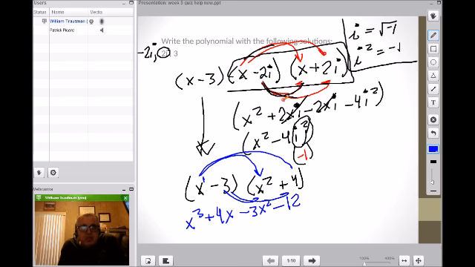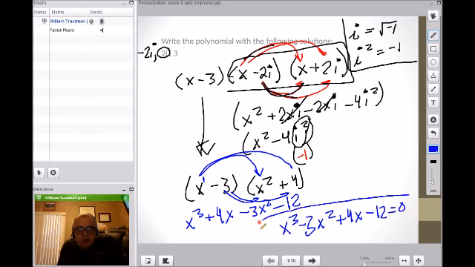So this is my polynomial. I just want to put it in order from highest power to lowest power: x to the 3 minus 3x squared plus 4x minus 12. And you always put equals 0 as your polynomial. That's my answer. So you had to write it out: multiply the i's first, and then multiply the next parentheses against it.